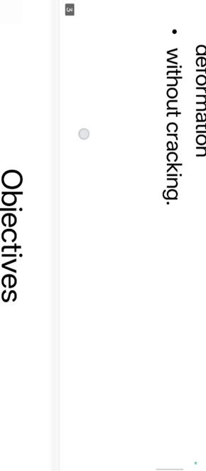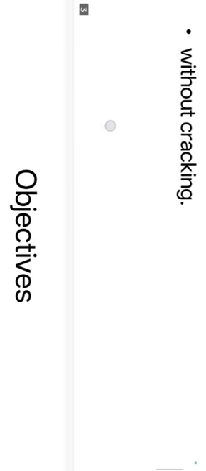We have already seen the plastic deformation curve in the previous session, and how a material withstands a certain amount of load without cracking.